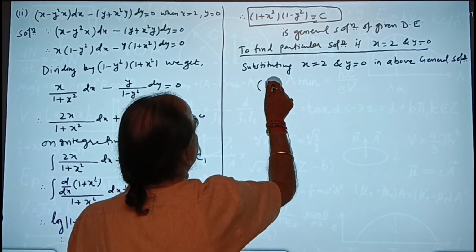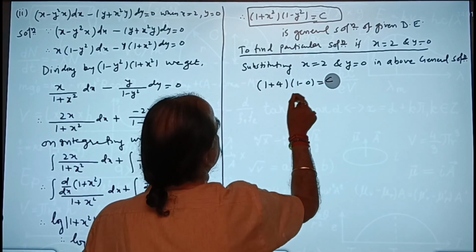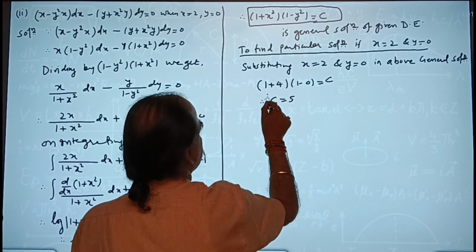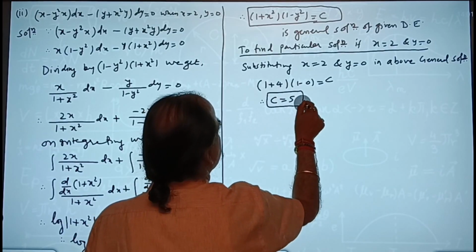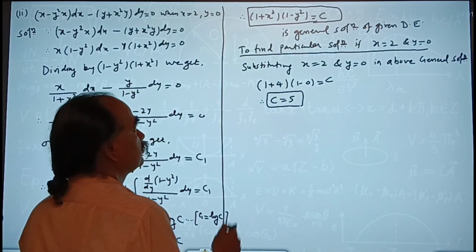So 1 plus 4 into 1 minus 0 is what, c. C is 5. Substituting c is equal to 5 in above general solution.